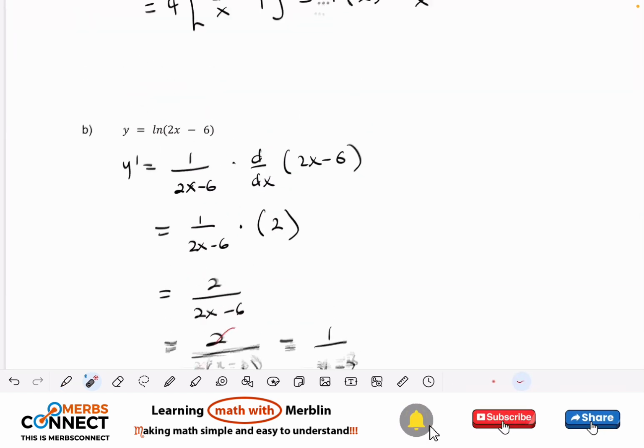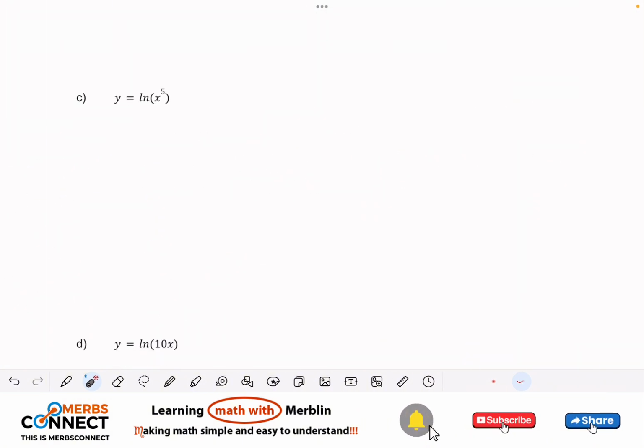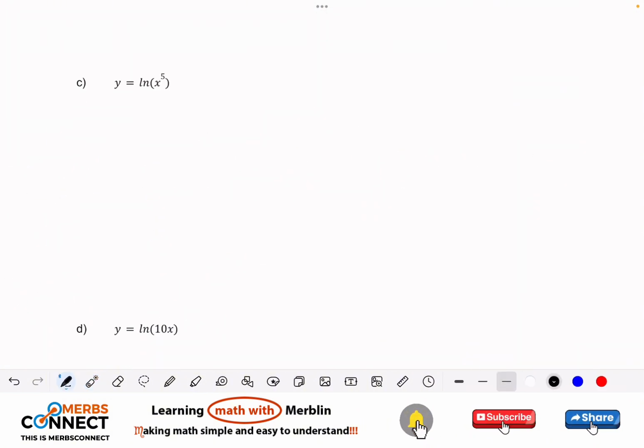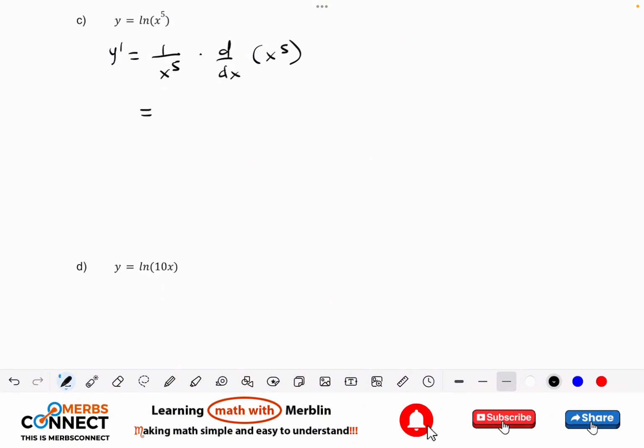Good. Now let's look at C. We want to differentiate this. The same process: 1 divided by what is inside the parentheses times the derivative of what is inside. So we get 1 divided by x to the power 5 times, using the power rule, 5 drops down, maintain x to the power 5 and subtract 1, so 5x to the power 4.